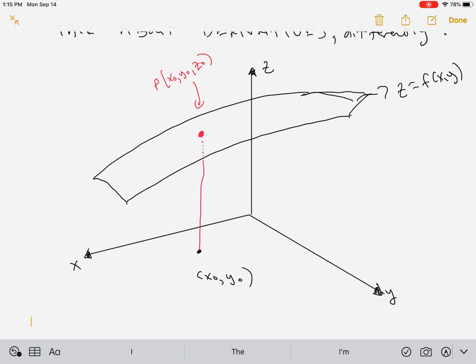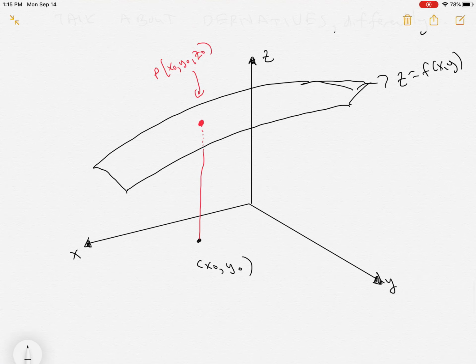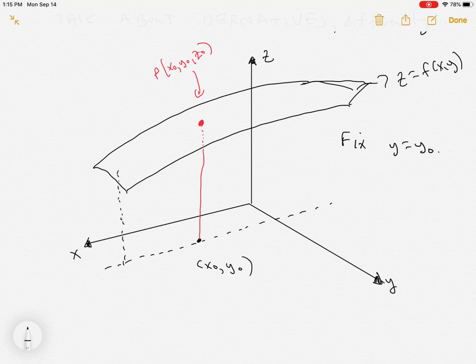Okay, what I want to do here is fix the plane y equals y naught, right? So along here, I'm fixing this plane here, and it doesn't actually look that bad.